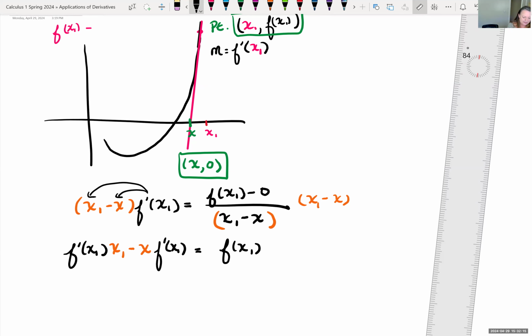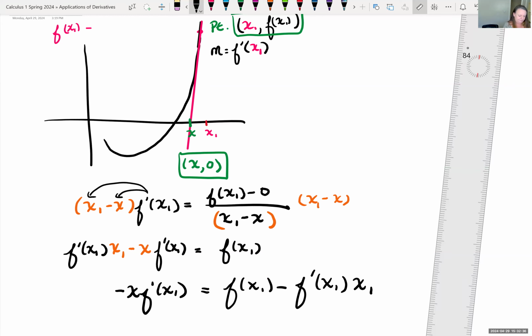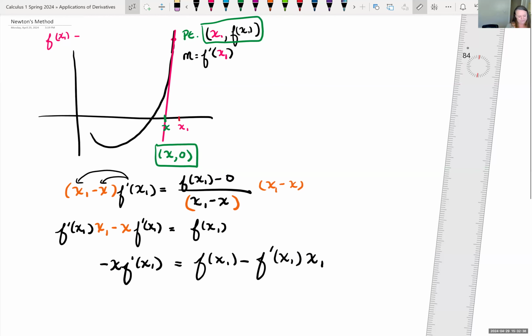So getting x by itself, we're going to subtract off f prime of x of 1 times x of 1.